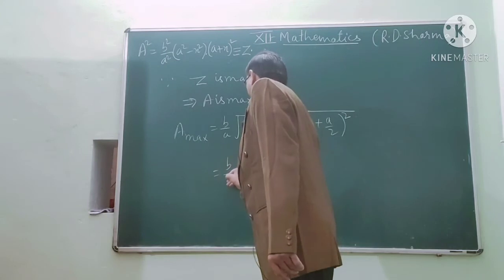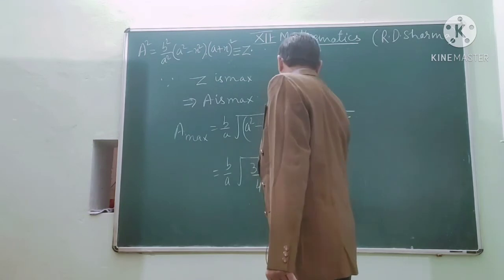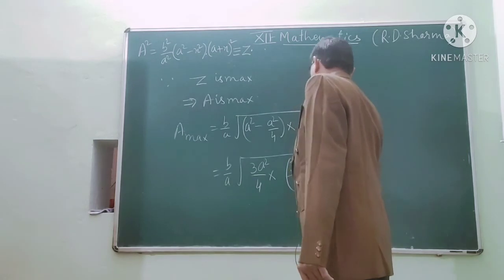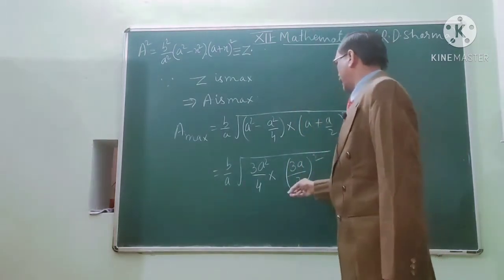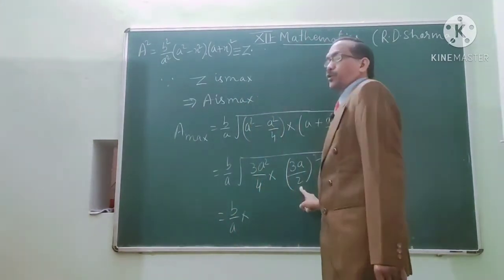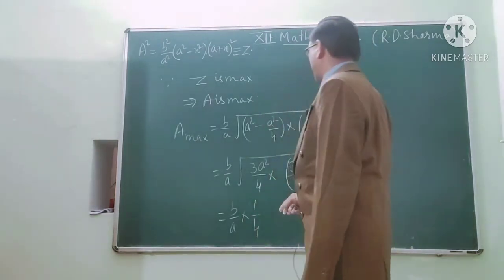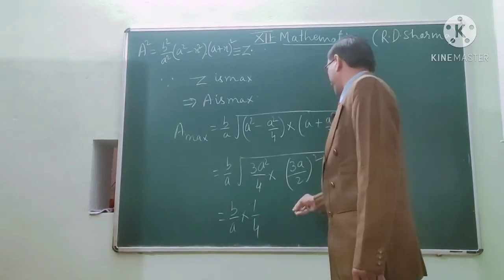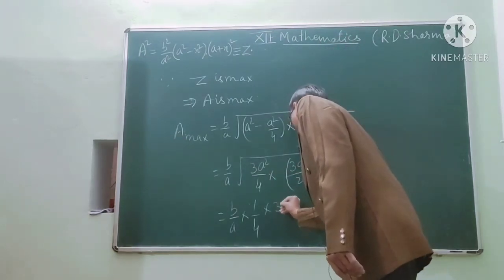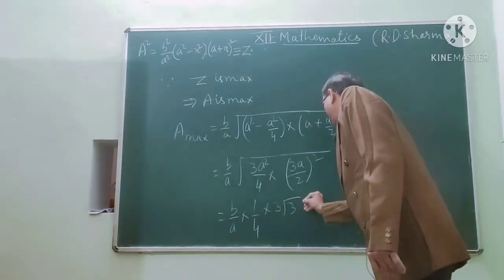It is b upon a root of 3a square by 4 into 3a upon 2 whole square. Therefore its value is b upon a into 1 by 4 into 3 root 3 into a square, since 3 square is 9, and 9 threes are 27.